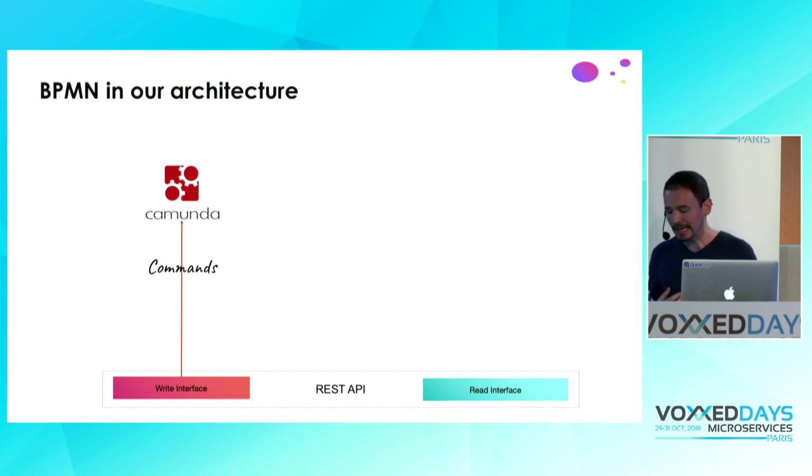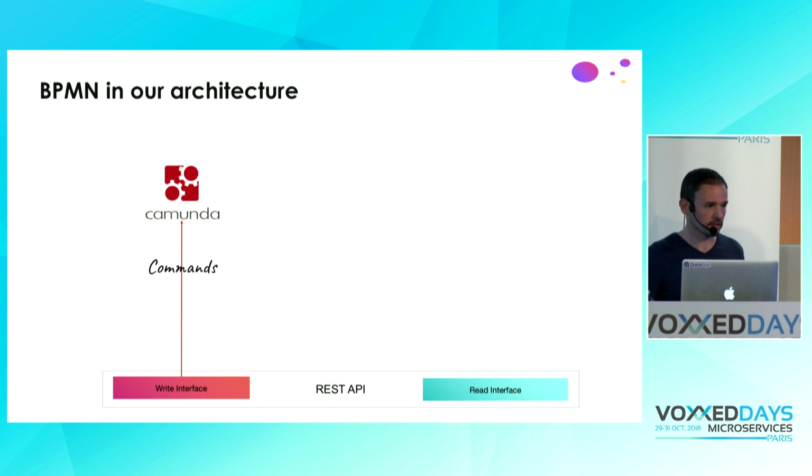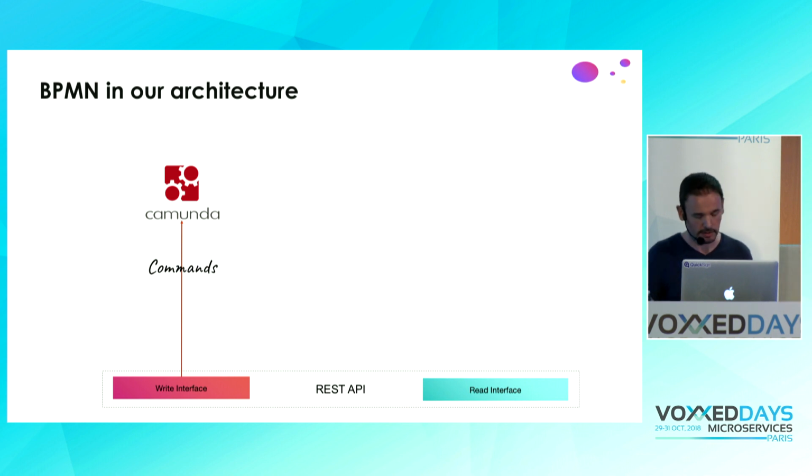As I told, it can last from 5 minutes to 3 months, even 4 months. So it's very long. We need to keep track of where we are in the process, in what state we are in order to decide what to do next.